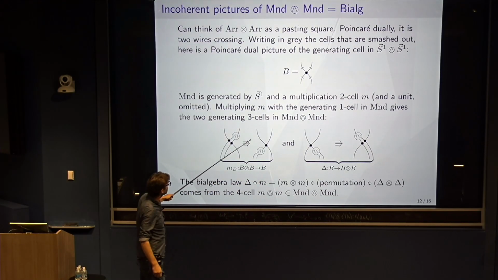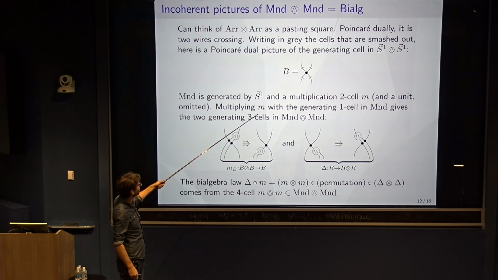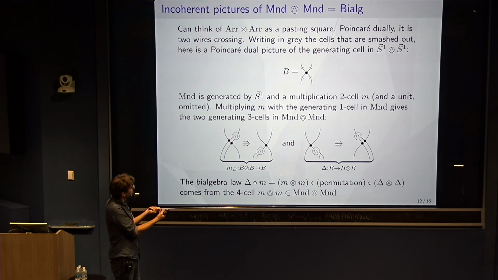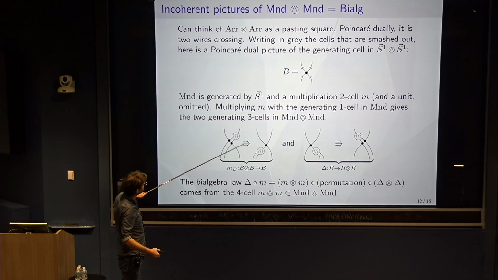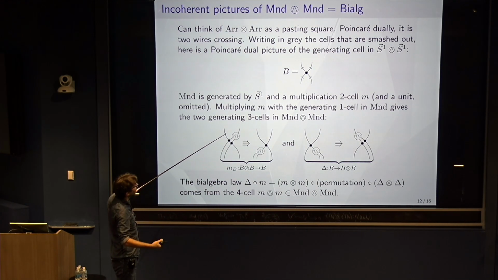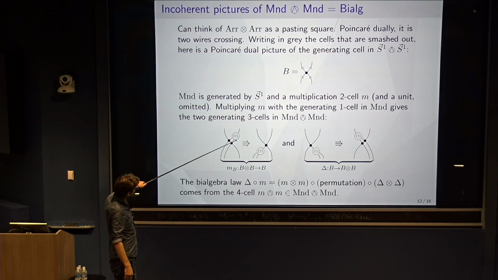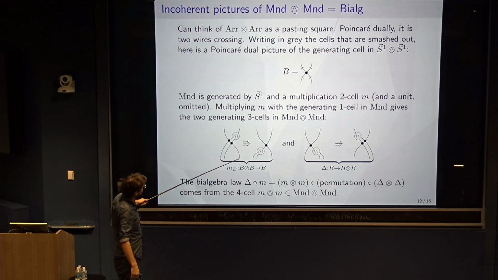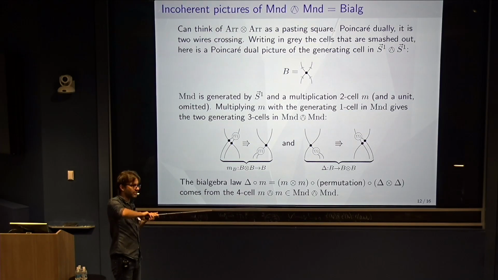And when you take the notion of monad and multiply it by itself, you get the interesting things, the first things that don't get smashed out: these crossings, these 3 cells that pull the 2 cell across the wire.